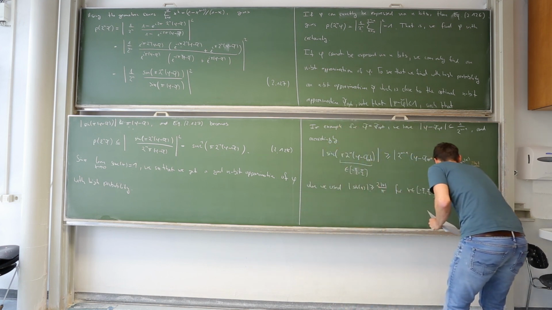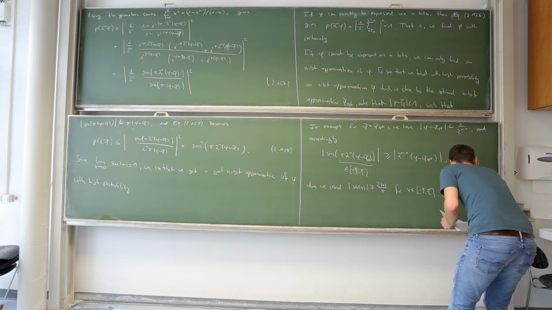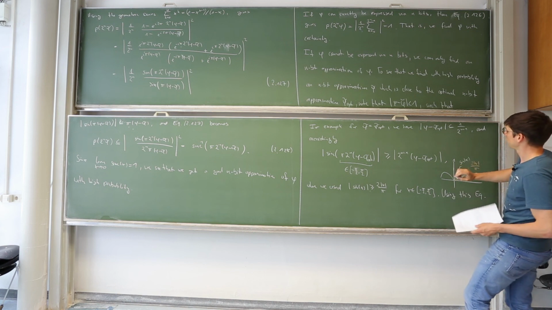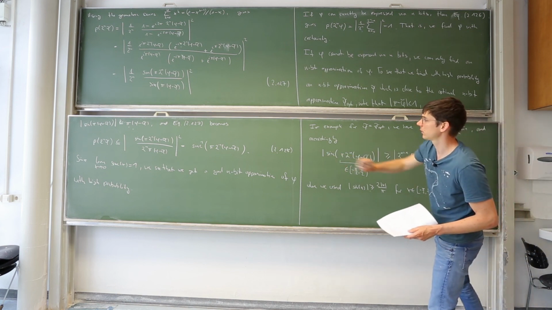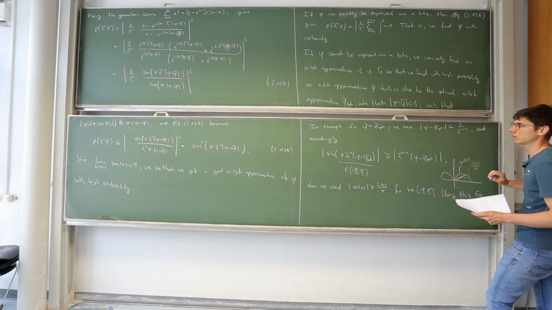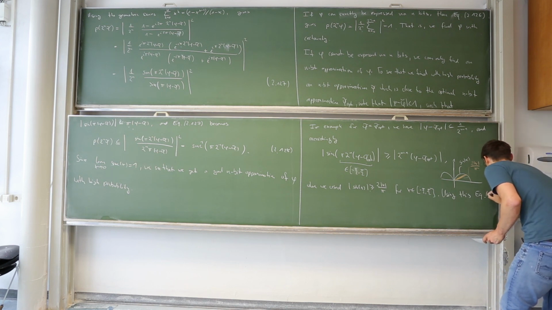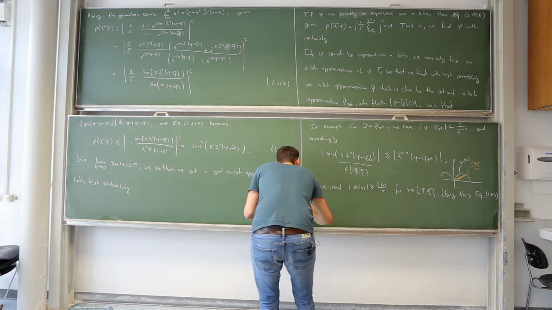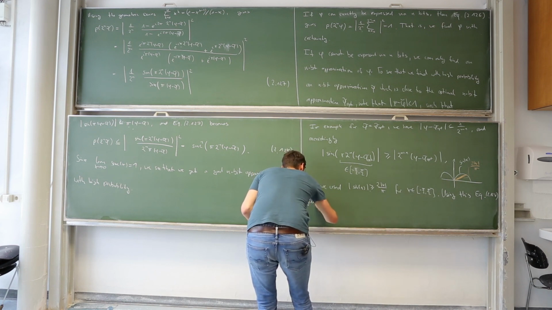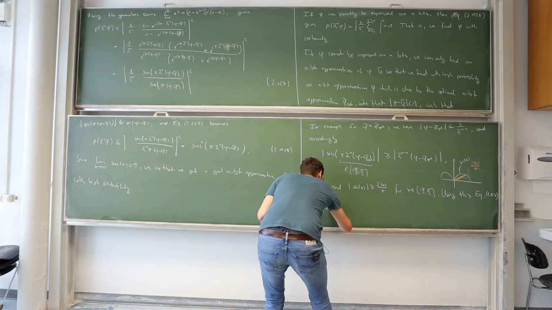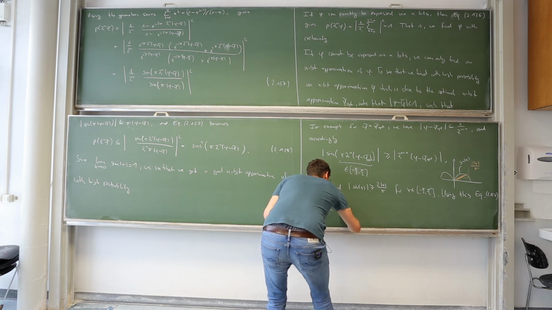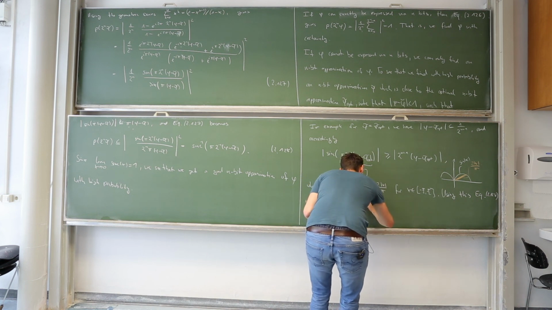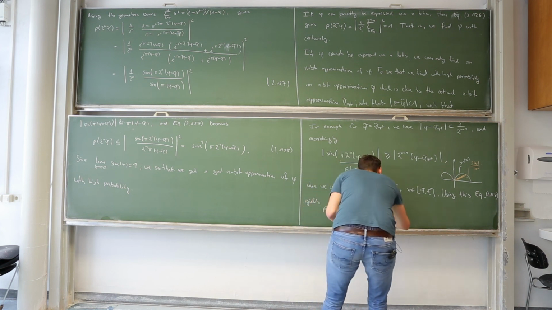Using equation 128, this yields that p of 2 to the power of n phi opt is greater or equal to, yes.